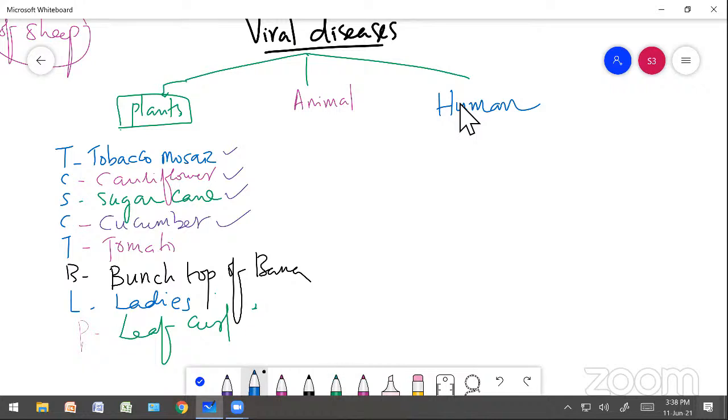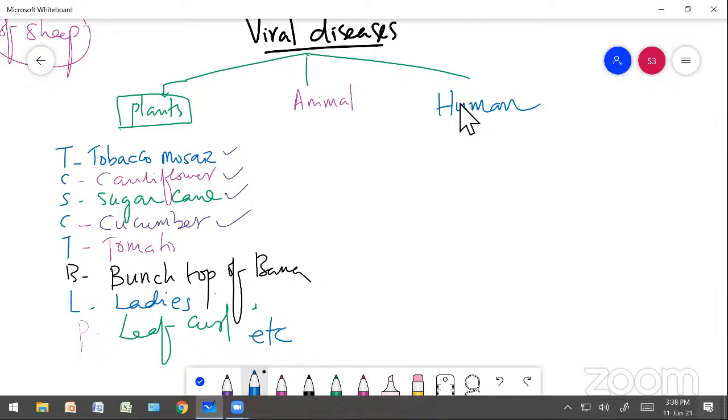These are all the plant diseases which are caused by viruses. Sometimes the question is to write about the viral diseases in plants or mention any four viral diseases in plants. Then you take these viral diseases of plants and mention any four, right? According to the type of question, you have to answer, right?